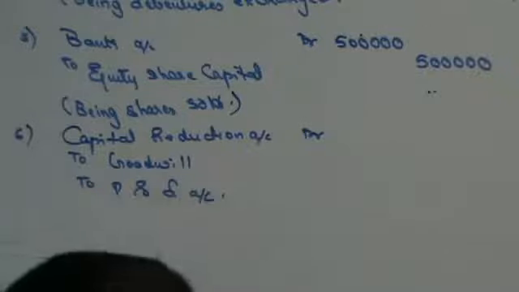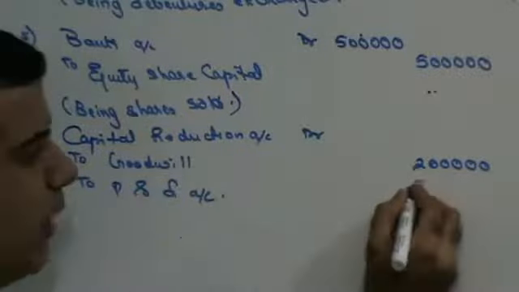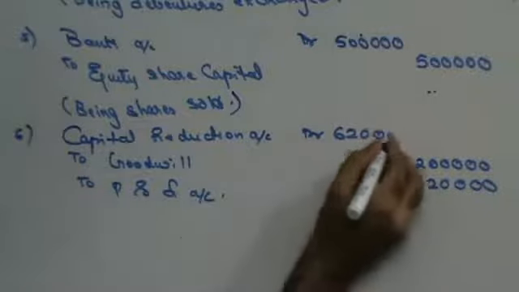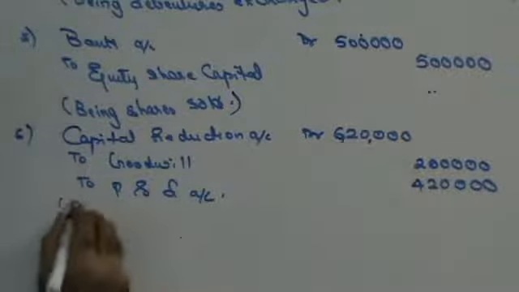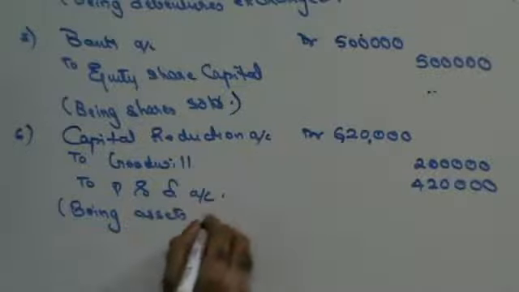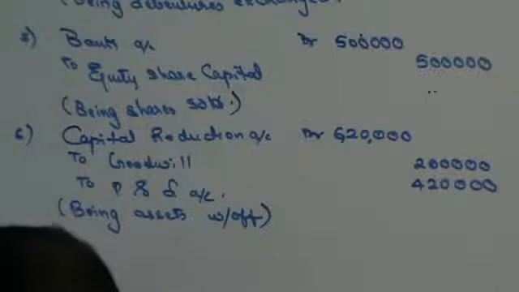Right? So goodwill was 2 lakhs. Profit and loss is 4,20,000. This is 6,20,000. Right? Being assets written off. Next, let's move on ahead.